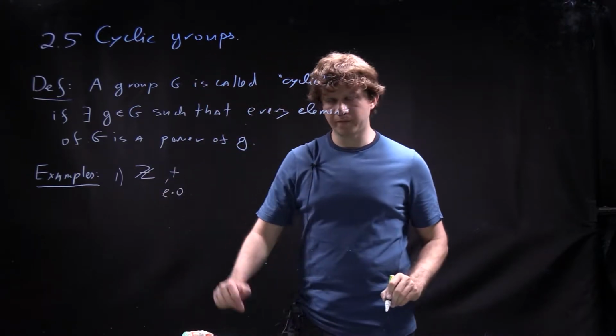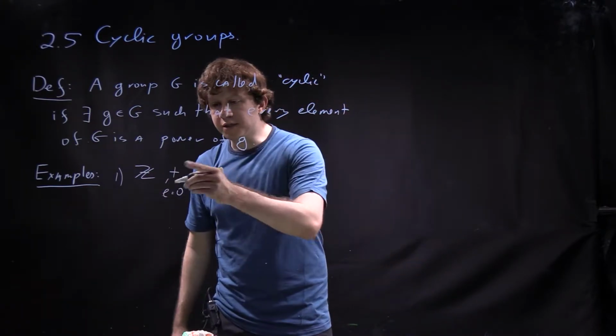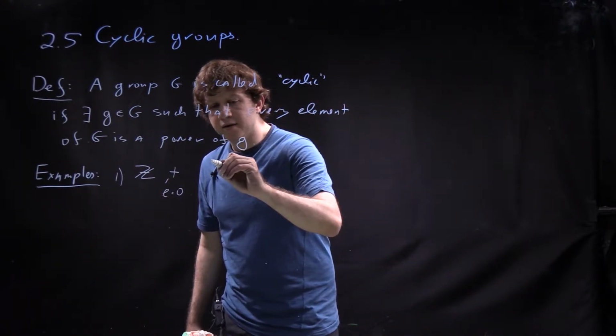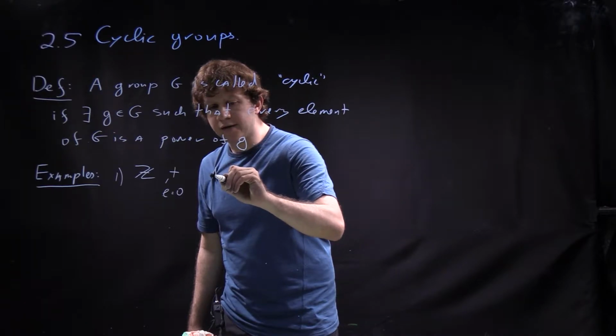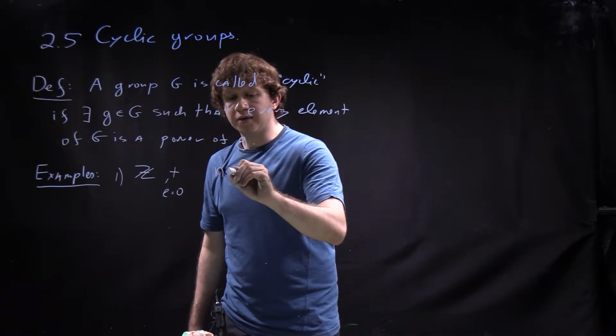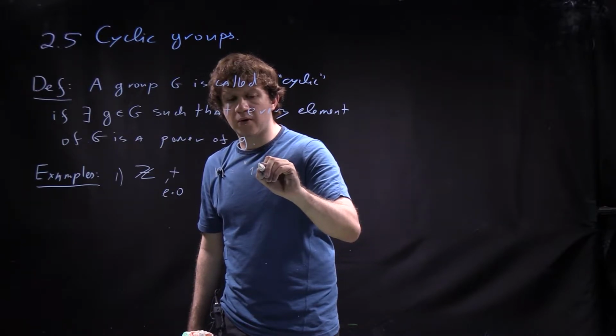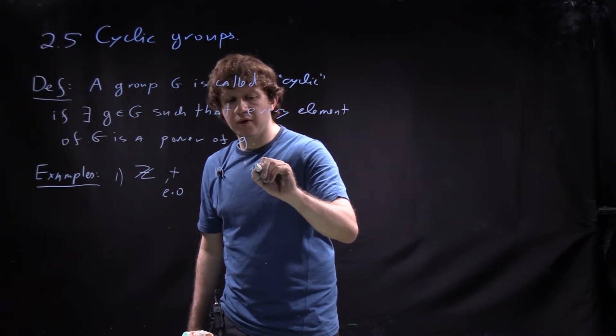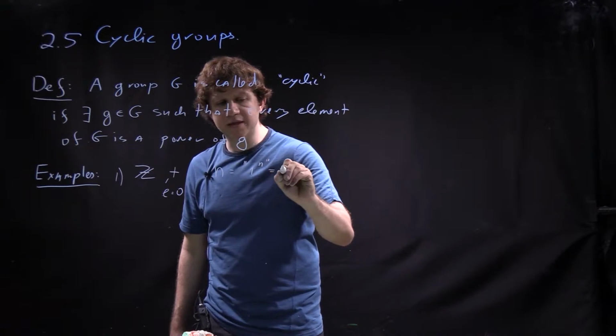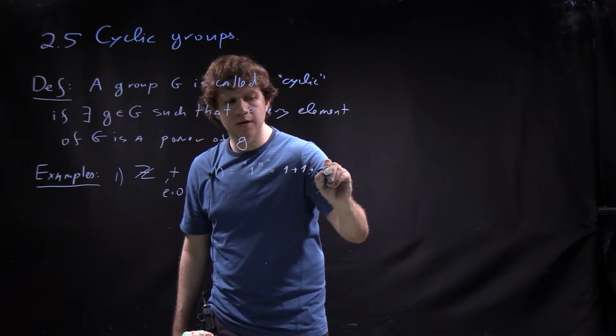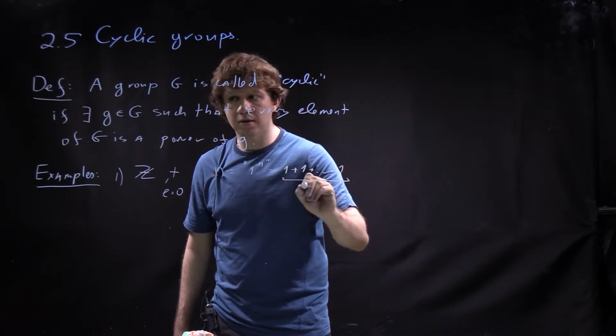So that's a group. And then indeed, if I take any integer n, this will equal 1 power n, because operation power n means here 1 plus 1 plus 1 n times.